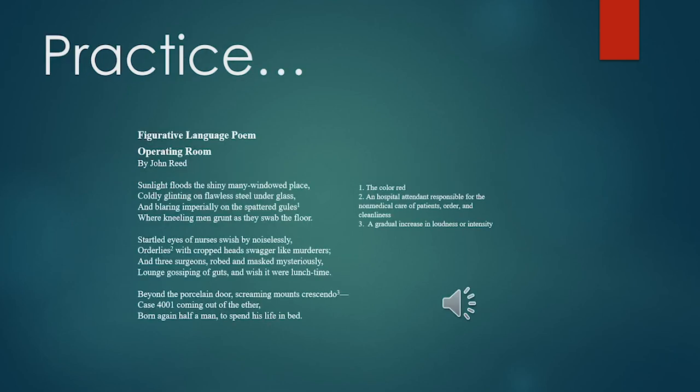Okay, slide number 8. In slide number 8, I've just attached a poem. It's called Operating Room by John Reid. And afterwards, I have numerous questions based on all the slides that we have done so far. Okay? So what I would like students now to try, take as long as you like, up to 30 minutes.